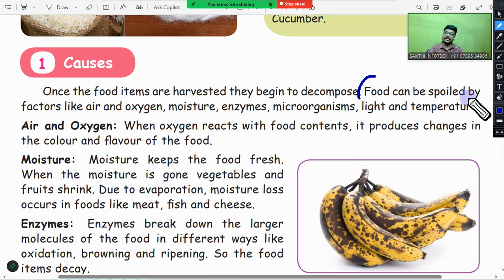Food can be spoiled by factors like air and oxygen, moisture, enzymes, microorganisms, light and temperature. Read two times.